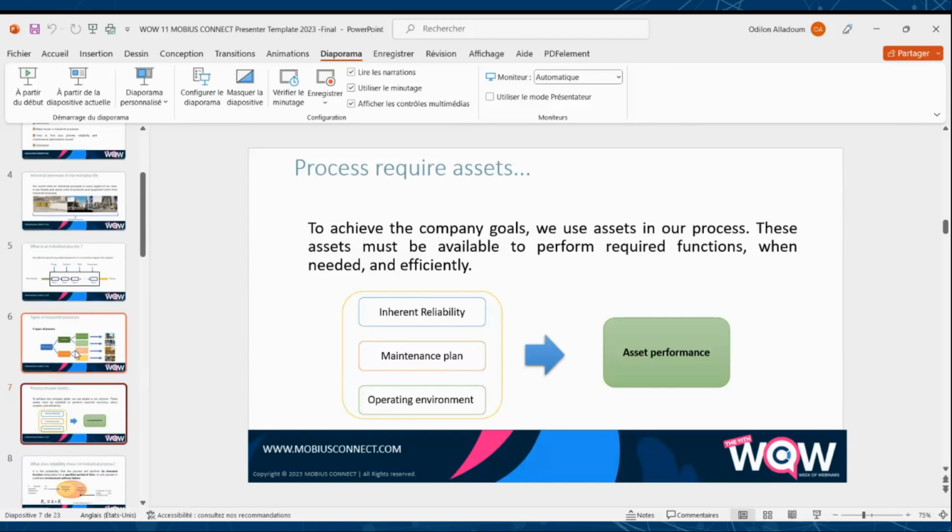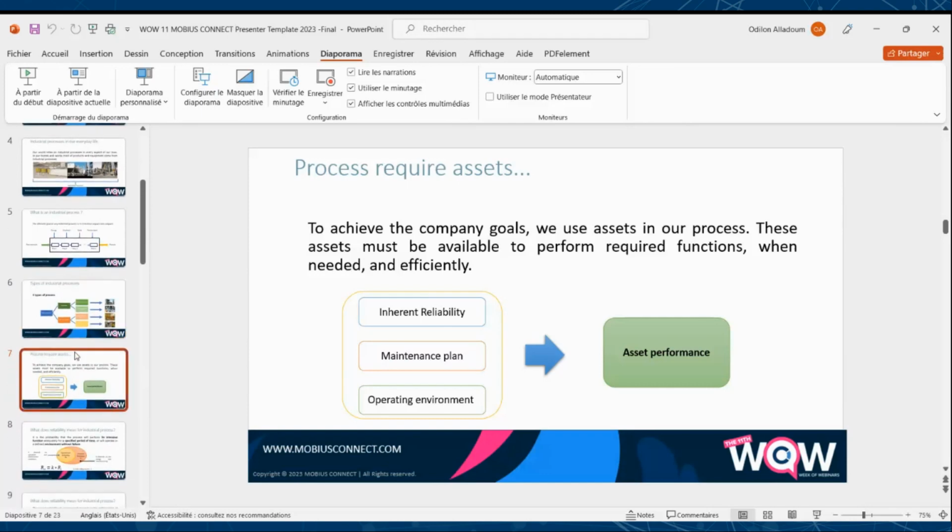Now let us see what a process or asset requires. We know that to achieve the company goal, we use assets in our process. This asset must be available to perform the required functions. So our responsibility is to take care of this asset in such a way that the performance is not altered.